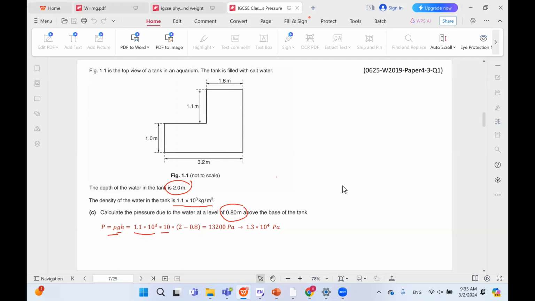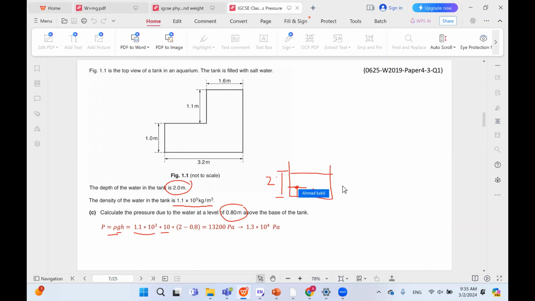So the idea is that the depth of water is 2, and we want the pressure at a level of 0.8 above the base of the tank. So we have a base of the tank like this. The water is up to 2 meters, but we want the pressure at 0.8 meters. So we want the pressure at this point here.